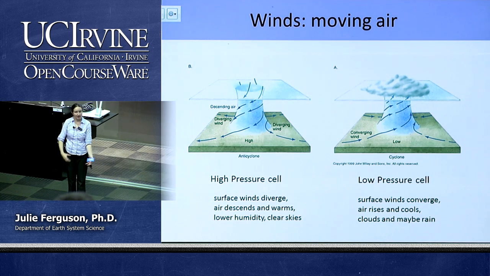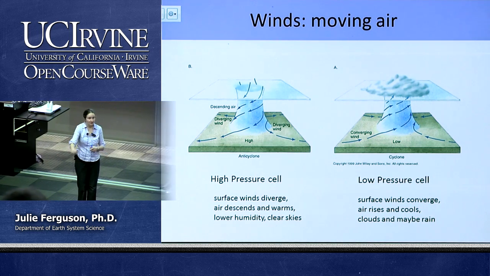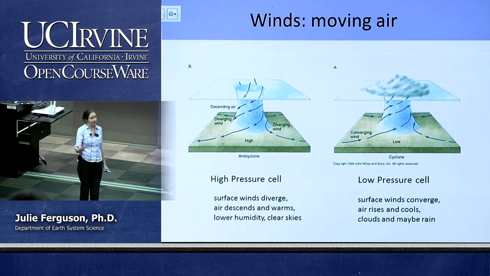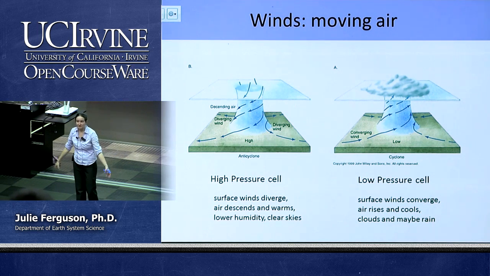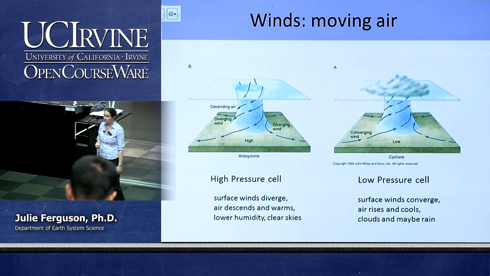We're going to have to bring air from somewhere to replace it. Now we're at the ground, so we can't bring air up from underneath. Wind is moving outwards in all directions. The only place we can get more air is from above. So as those winds move out at the surface, air is brought down from above, okay?